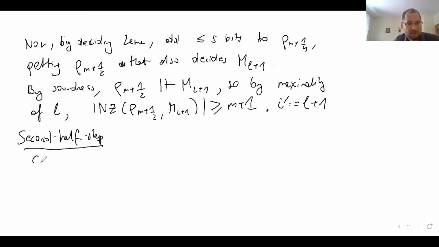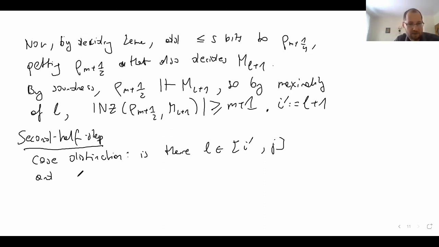Then the case distinction: is there a number L between I prime, the new beginning of the interval, and the current end, which is the old end, and sigma extending our halfway point assignment such that it will no longer satisfy the configuration, it actually will falsify it.